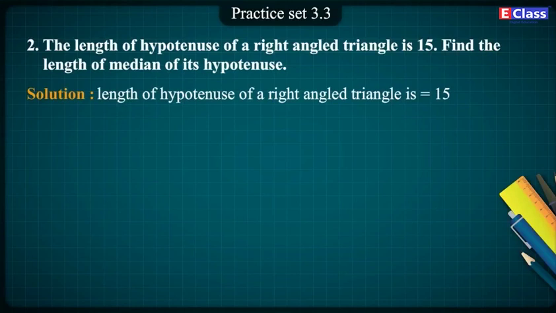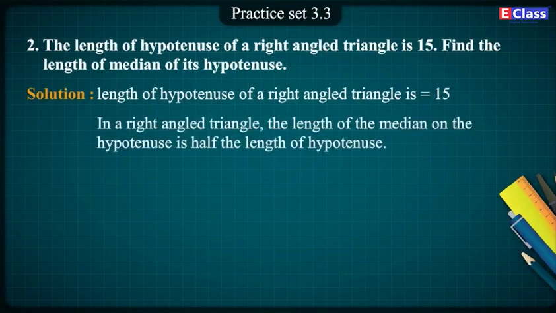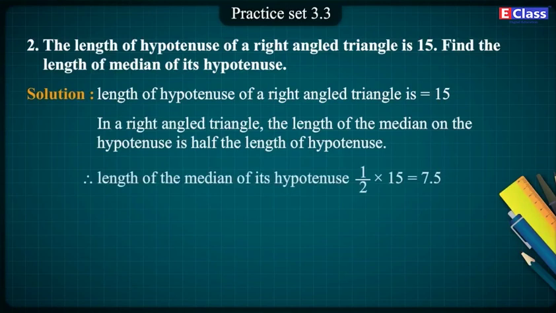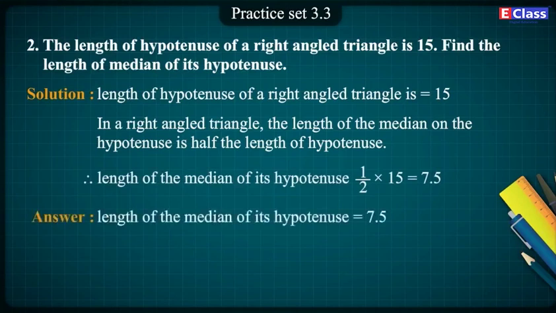In a right-angled triangle, the length of the median on the hypotenuse is half the length of the hypotenuse. Therefore, length of the median of its hypotenuse is half multiplied by 15, which is equal to 7.5. Answer: length of the median of hypotenuse is 7.5.